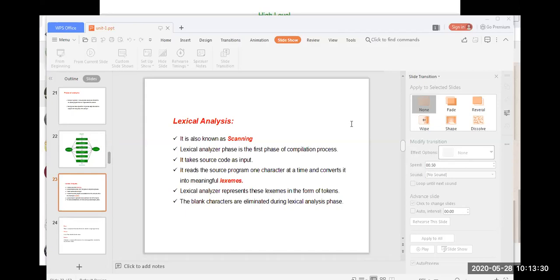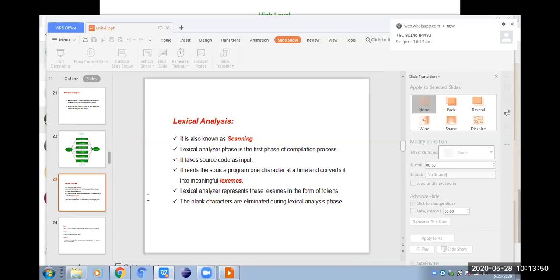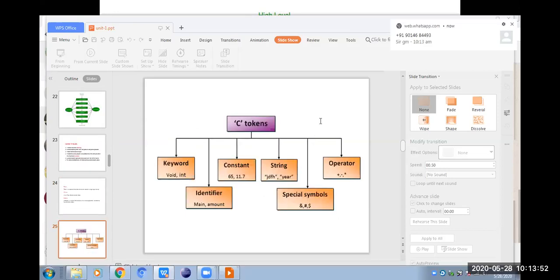Similarly, in computer languages, when we write a program in some language, we can divide that program into parts. The smallest unit of the program which cannot be divided further is known as a token. And when we come to the C language, not only C language, generally in languages, we have 6 tokens available.